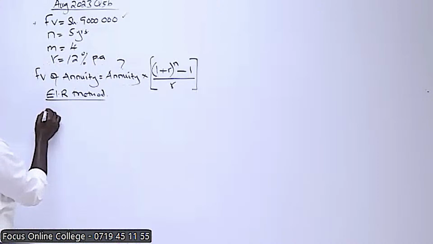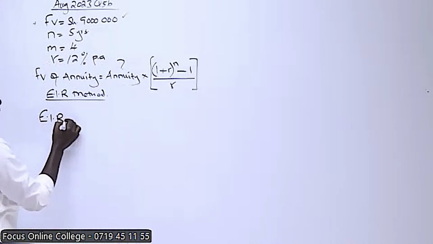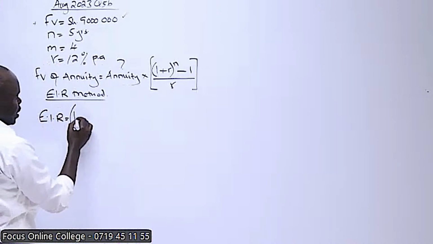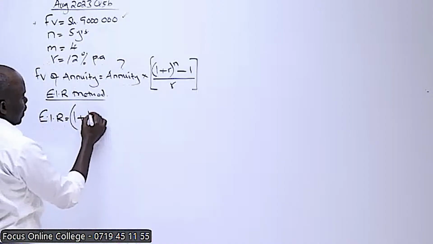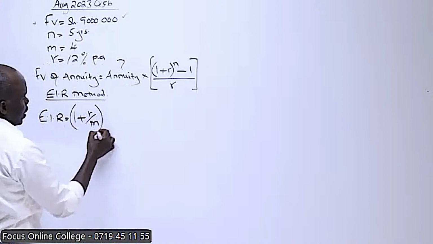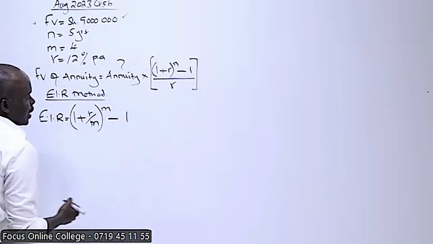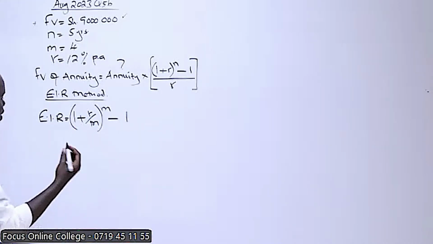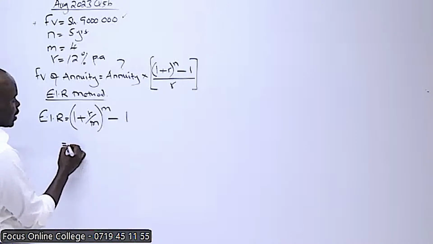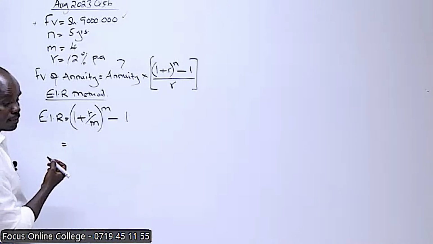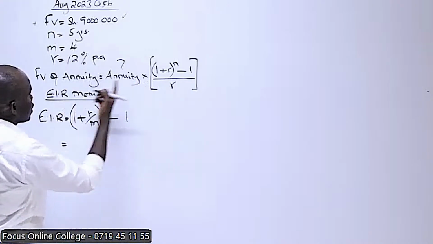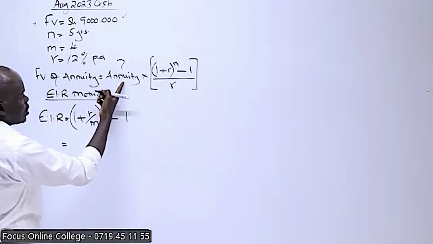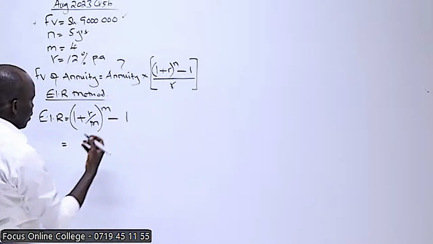So we will start with this. Effective interest rate is 1 plus R over M power M minus 1. Always in financial management, whenever you're doing a question, write the formulas. Even if you know it, just write the formula. It will even direct you on what to do. Like this one, you will know this is the 9 million, this is what I don't have, the rest I have.